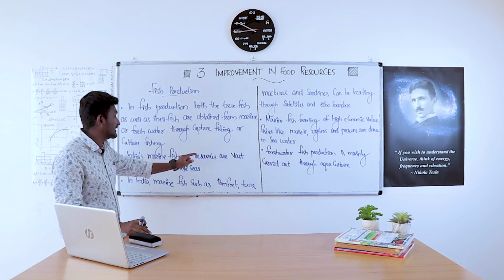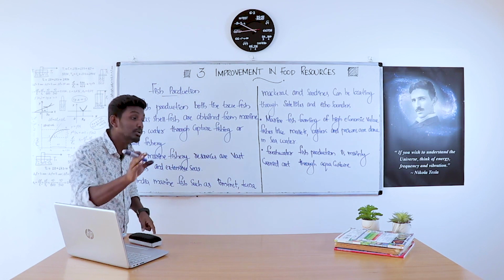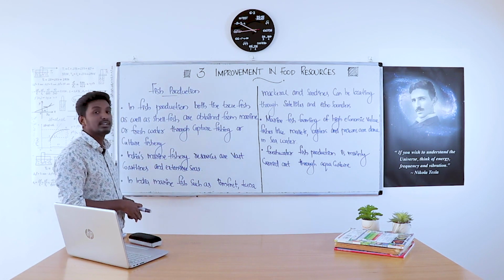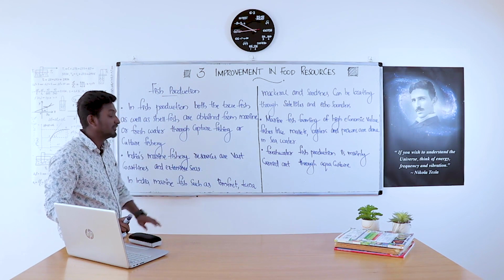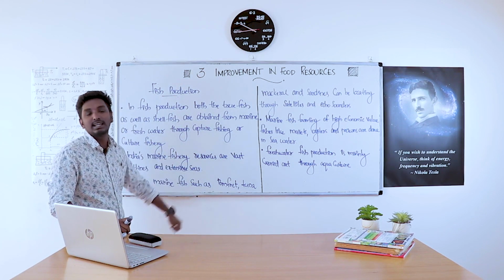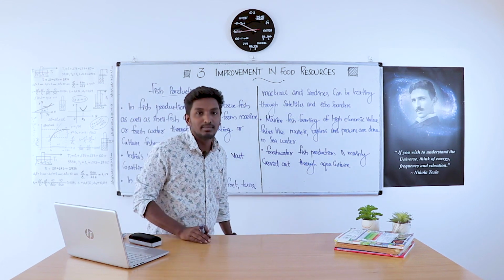India's marine fishery resources are vast: coastlines and extensive sea. You all know that in India, marine fishery resources are very vast. Very vast coastlines and extensive sea areas are available in India.